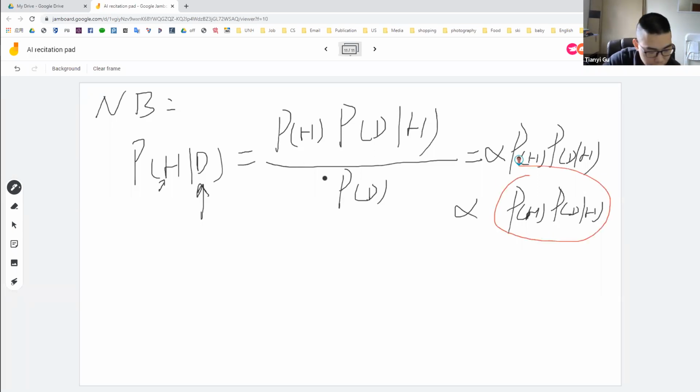And then how do we compute this? We compute it by the naive assumption. The first term is really simple. You just count. For naive Bayes, you read the image and then you count, for all the hypotheses.